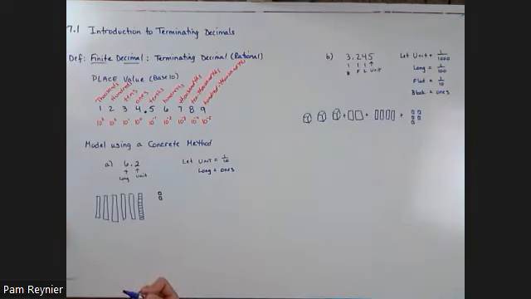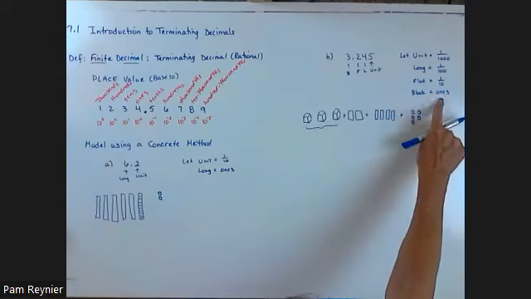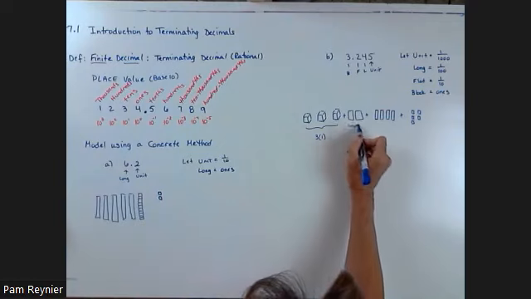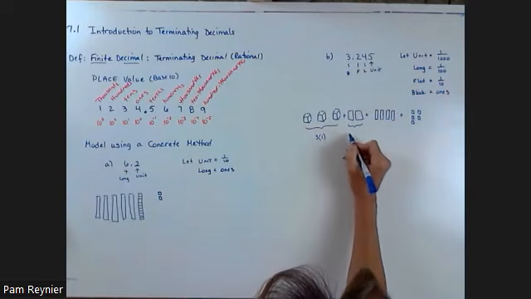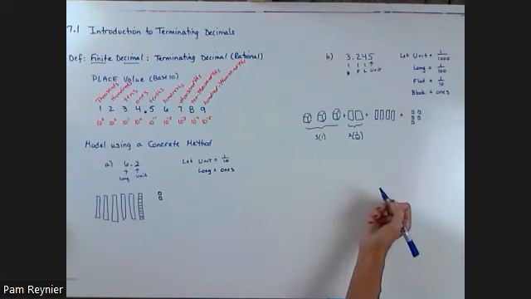So if we wanted to, we could say, all right, now let's think about what we have. We have 3 ones. We have 2 flats, which are 2 1/10ths.